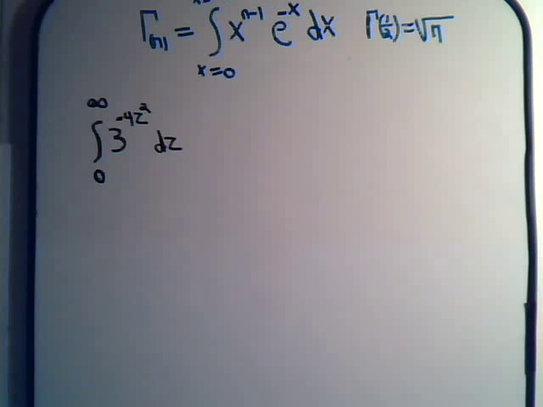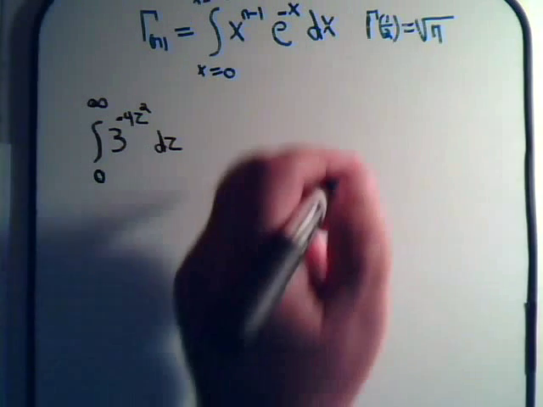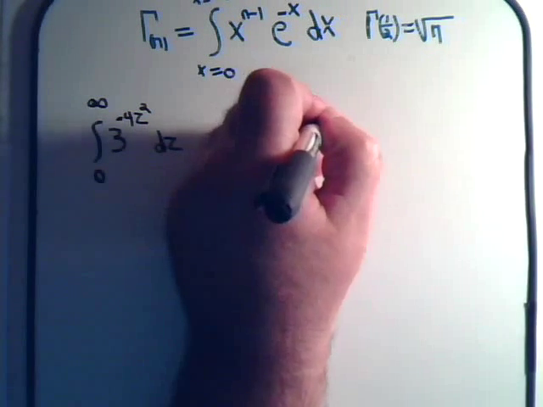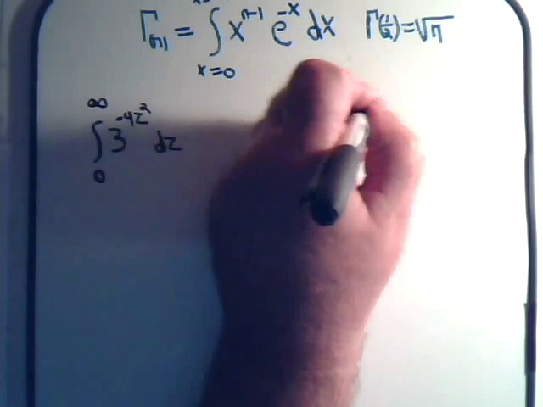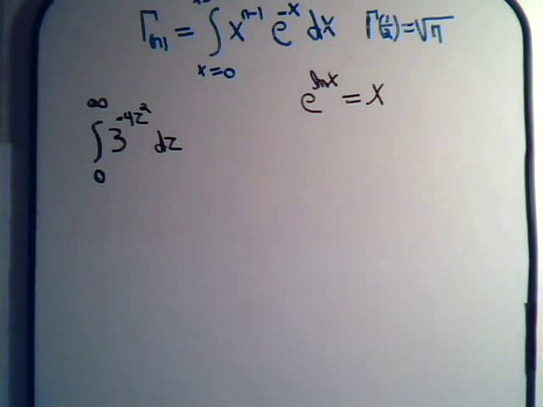And the trick here really is to remember how exponentials and natural logarithms function. Remember now that e to the natural log of x, by definition of course, just equals x.